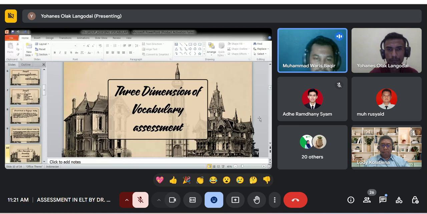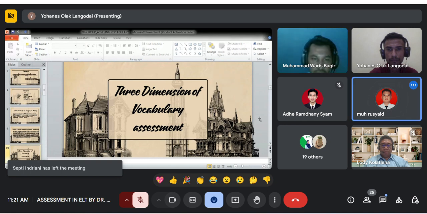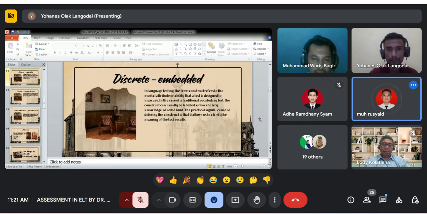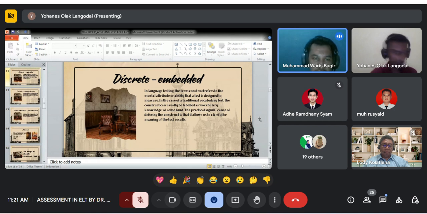So we move to the three dimensions of vocabulary test. Next slide, please. Okay, so the first one is discrete embedded. The first dimension focuses on the construct which underlies the assessment instrument.